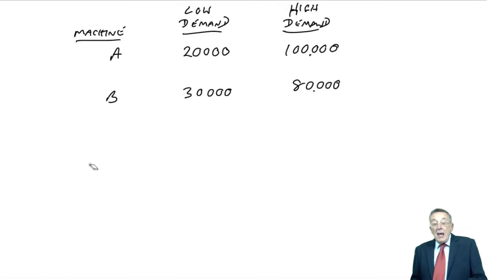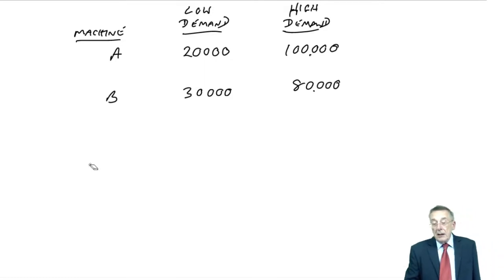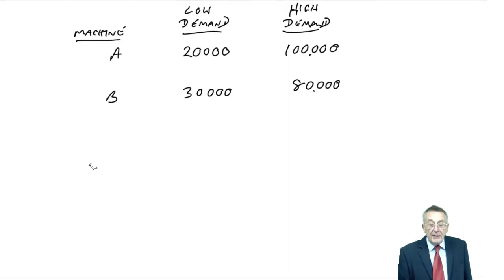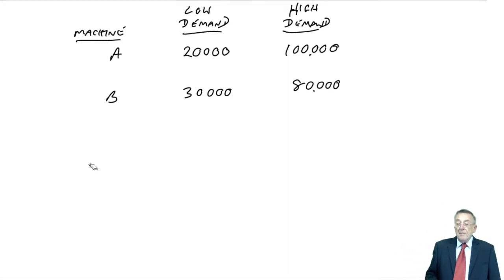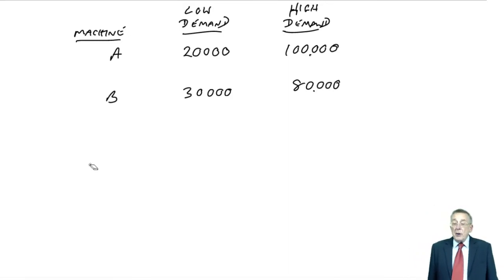Before we go into a full example, I've already effectively told you two ways we might make the decision. Let me show you a third. We have that information, but suppose I'd managed to find out the probabilities of the demand being high or low. I've done market research and things.